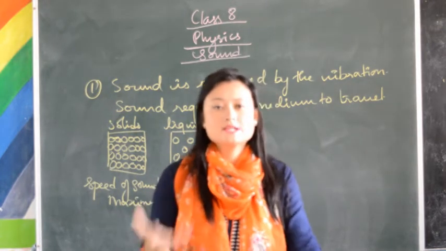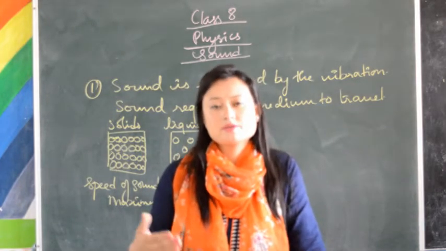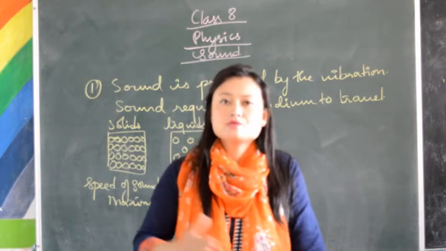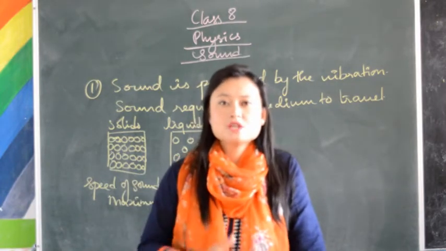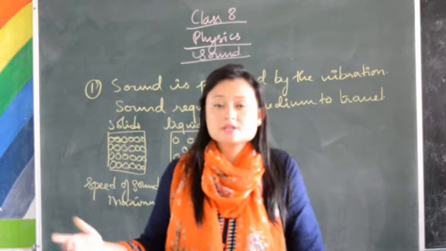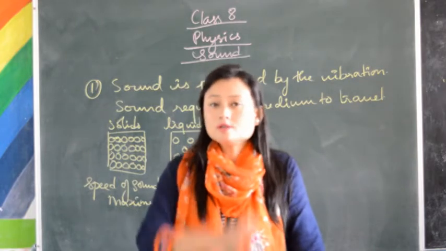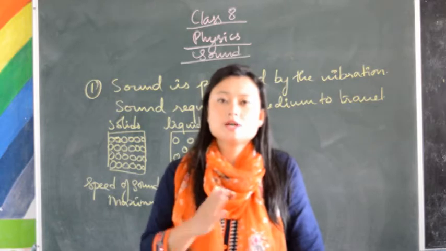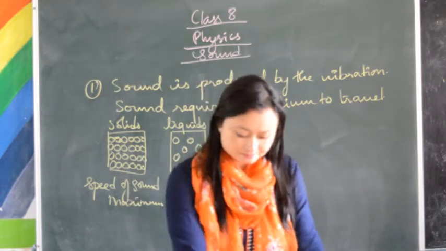Water represents liquid, so in 1 second the sound travels 1500 meters. And in air, the speed of sound is 330 meters per second, which means in 1 second it travels 330 meters. All this variation of speed is because of the molecular arrangement of solids, liquids, and gases.